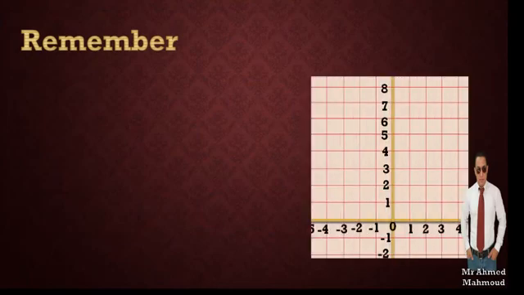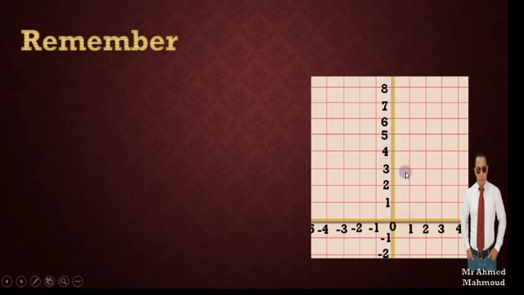In this graph, the equation of the x-axis is y equals 0. The equation of the line passing through 1 is y equals 1, y equals 2, y equals 3, y equals 4, y equals 5, and so on. I explained this in the constant function.